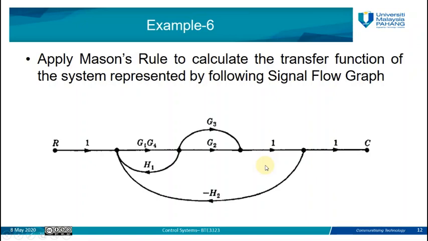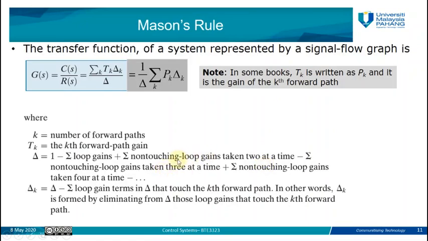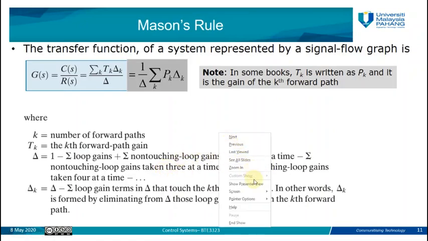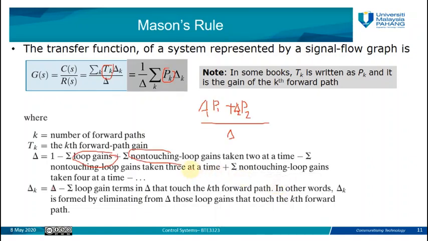Since we do not have any non-touching loops, this part of the formula will be omitted, and this part also will be omitted, and so on. Our formula of delta will be delta equal to 1 minus the summation of gains for loops, only this part.